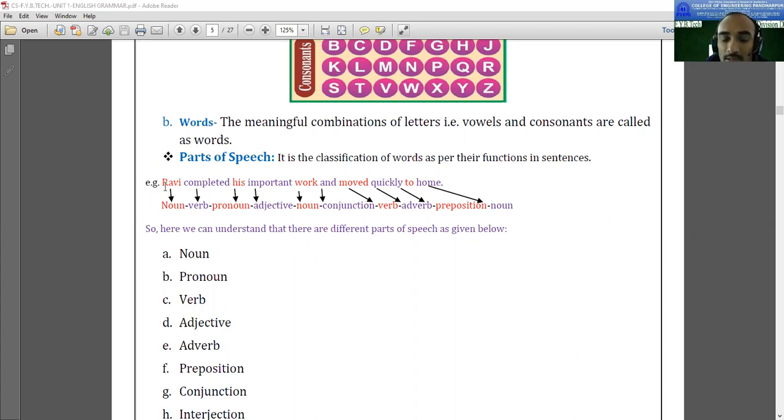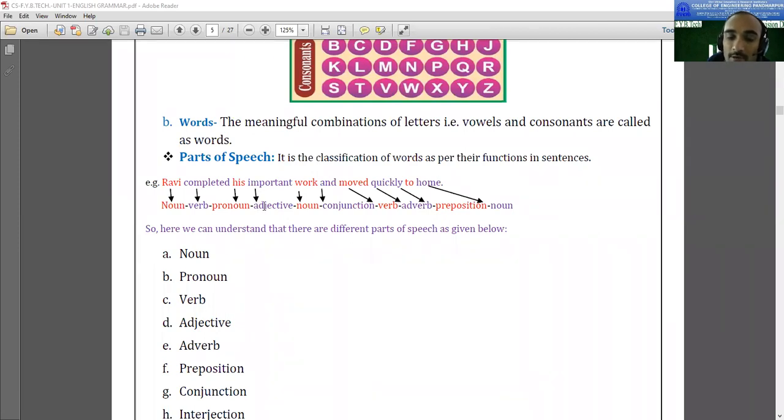So here there are different parts of speech we will find in this sentence. And we are going to see them. First is Ravi. So Ravi is a noun. Completed is the verb. His is the pronoun.